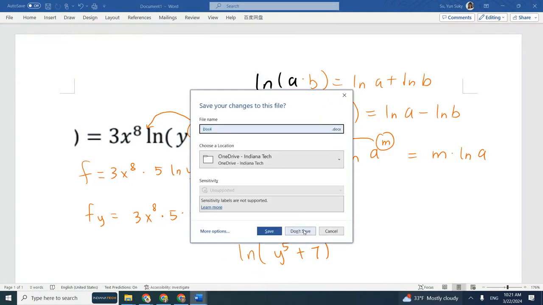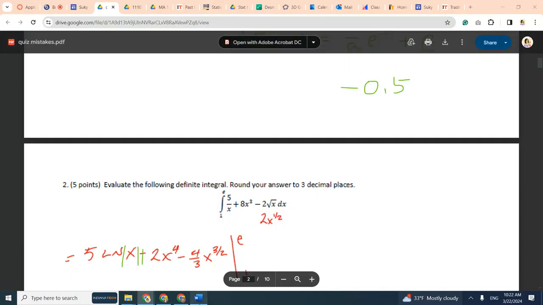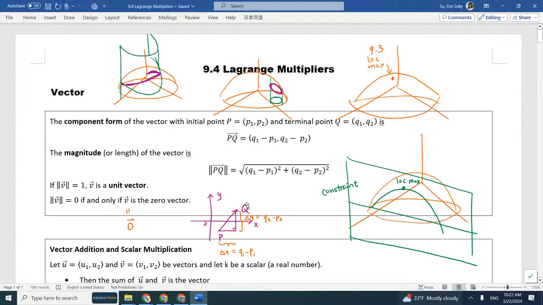Let me close that. Don't save. All right. So last time we talked about Lagrange multipliers. In 9.3 and 9.4, the main difference was that in 9.3, you have a surface and you want to find the maximum or minimum or saddle points of the surface in space.